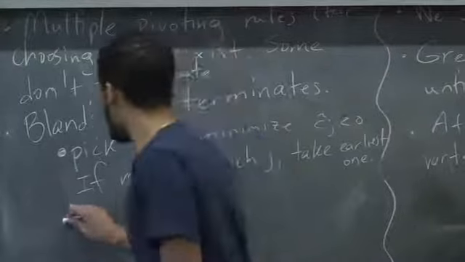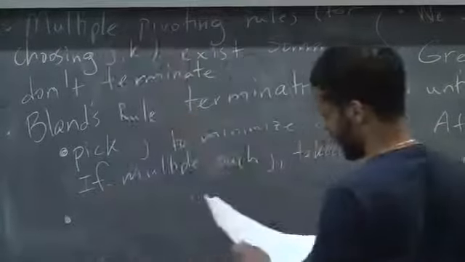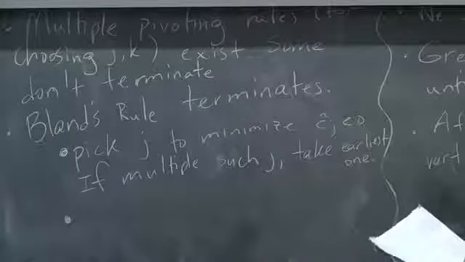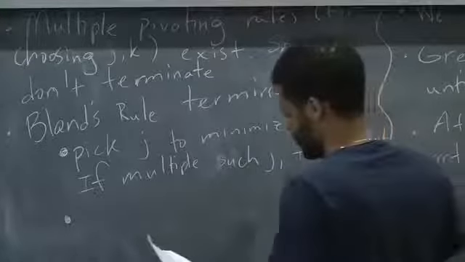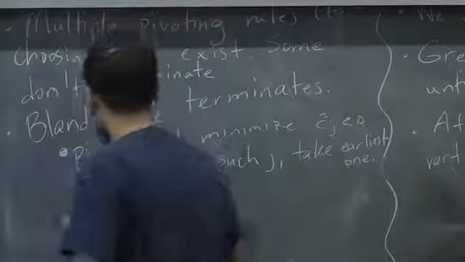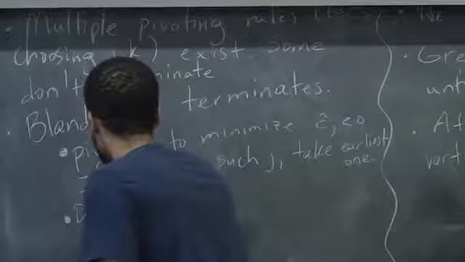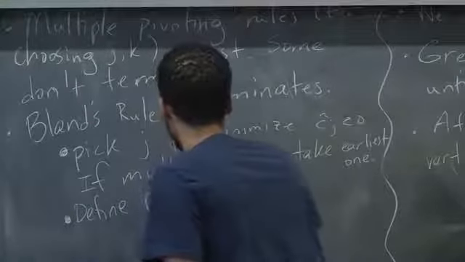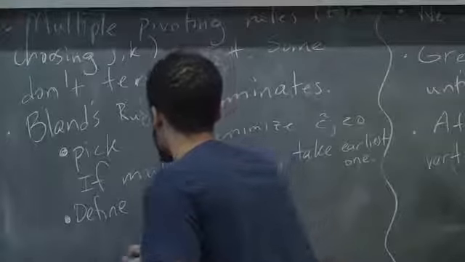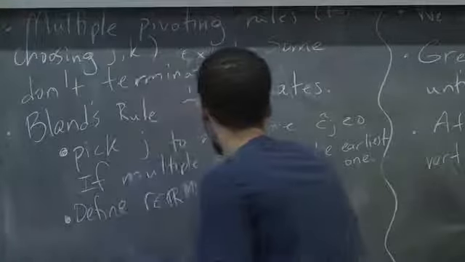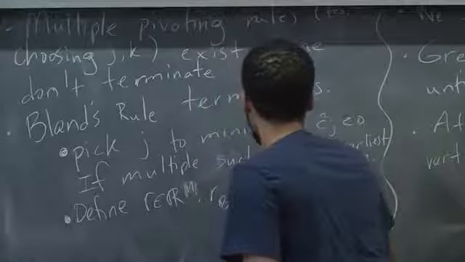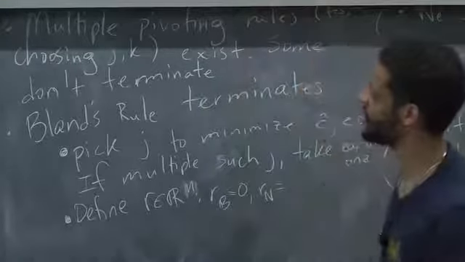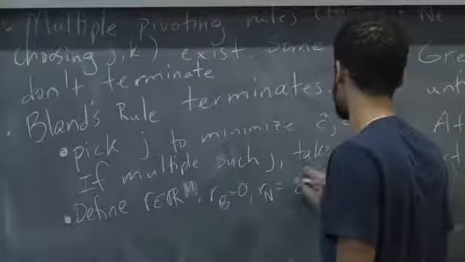Okay, now what do you do about choosing k? Well, define this vector r where RB is 0 and RN is basically this reduced cost.